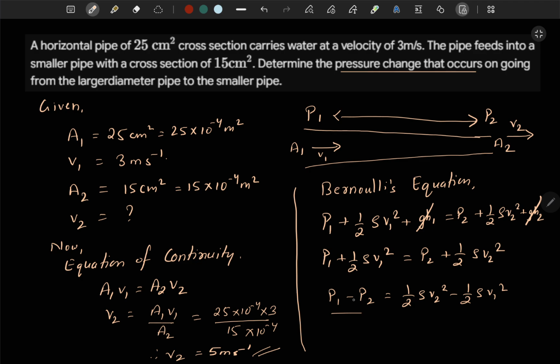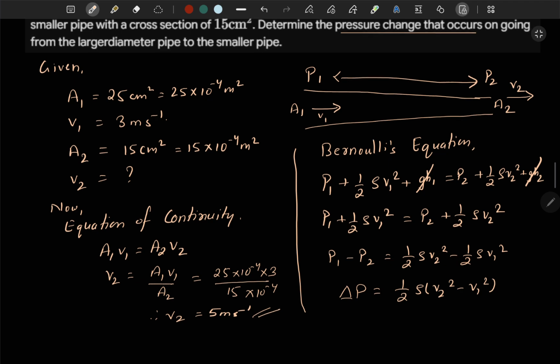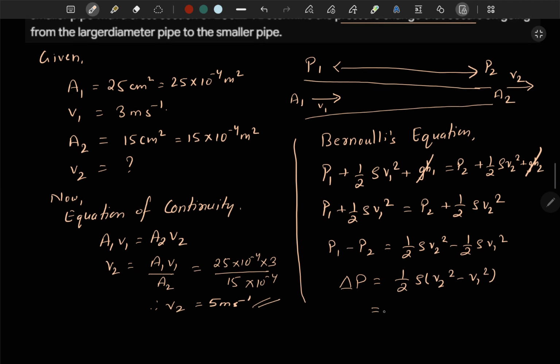This change in pressure is equal to 1 by 2 rho times V2 square minus V1 square. Putting the values, 1 by 2 rho, density of water is 1000, into V2 we have calculated 5 and V1 is given 3.